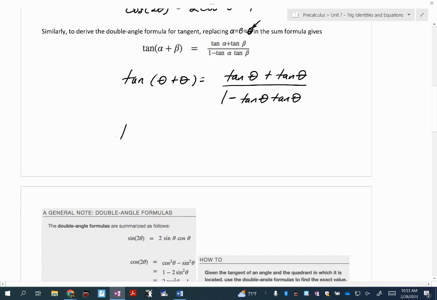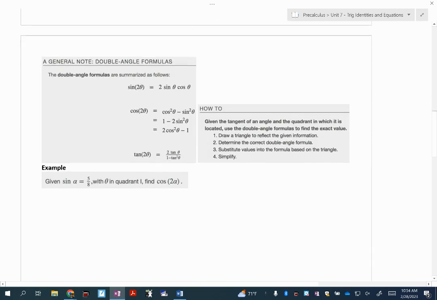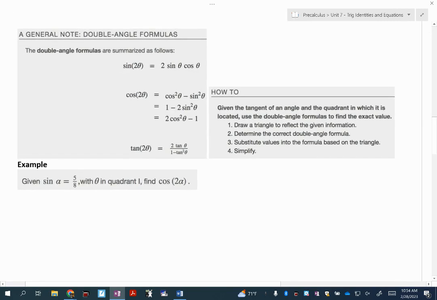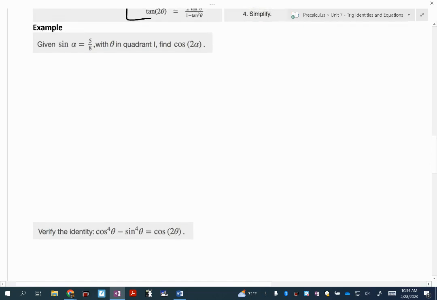So again, we have our double angle, 2 theta, and that's going to be tangent theta plus tangent theta, which is 2 times the tangent of theta, over 1 minus tangent times tangent, which is tangent squared theta. Again, not worried about the derivation, just need to make sure you know all of these formulas. And now we're going to do a couple examples to help us figure it out.